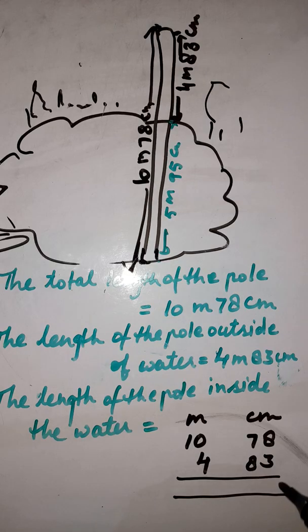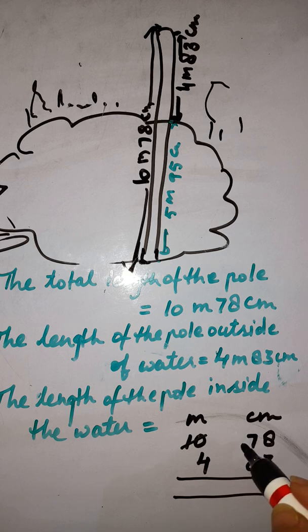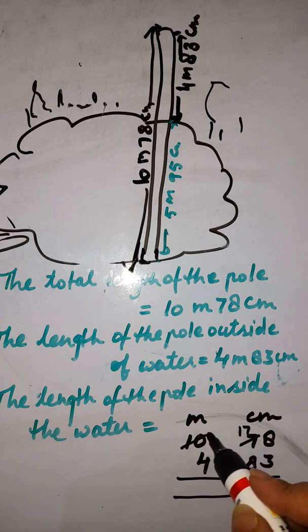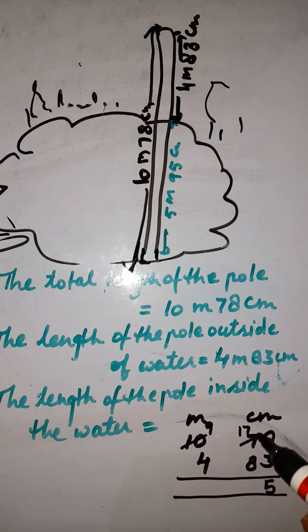First we subtract 3 from 8 and get 5. Now 8 from 7. We can't subtract 8 from 7 because 7 is smaller than 8. So it will take 1 borrow from this side and become 17. And here it will become 9, because it has given 1 from the meters column.